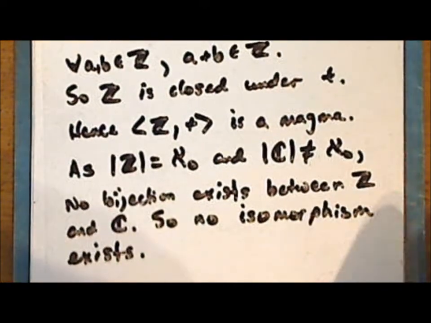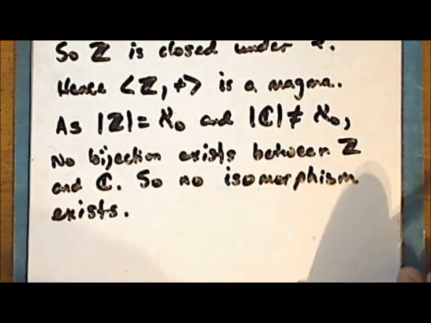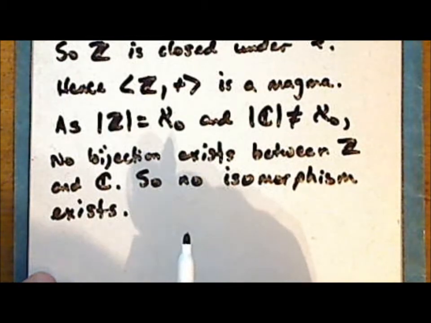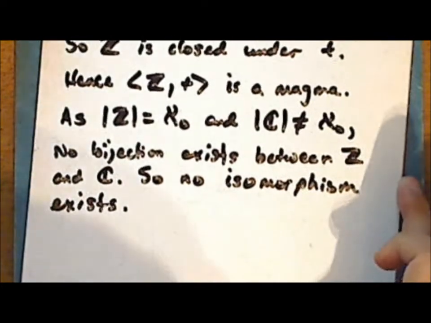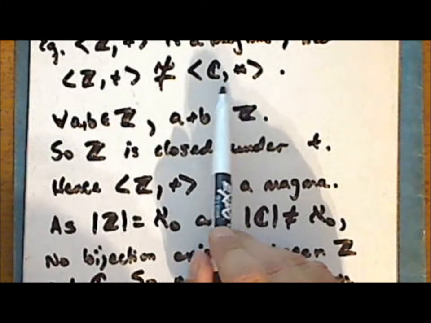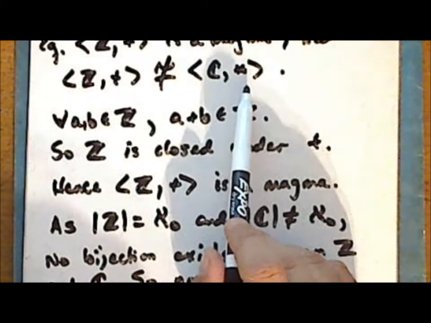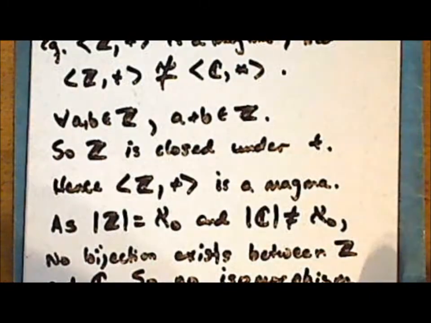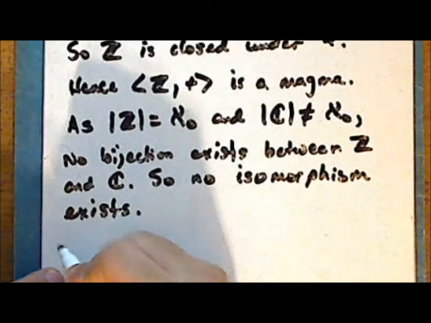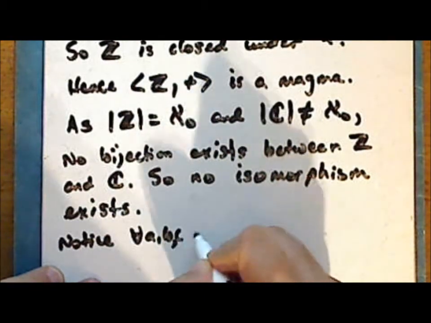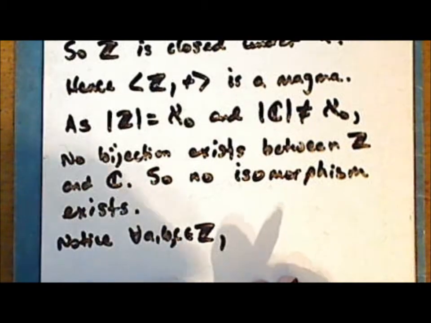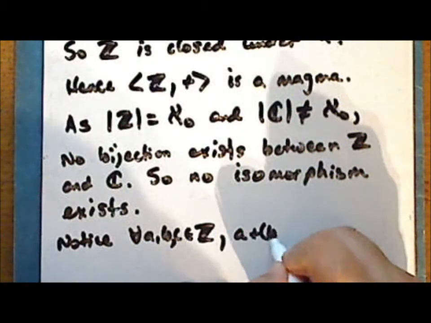In addition, the structure consisting of the set of integers with addition is a different type of structure than the set of complex numbers under the operation star. Recall that this structure, the set of complex numbers under the operation star, is a magma but is not a semigroup, whereas for every 3 elements A, B, and C in the set of integers, it does not matter how we group the terms.